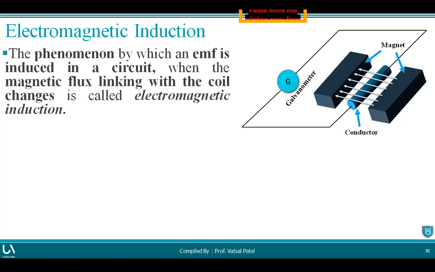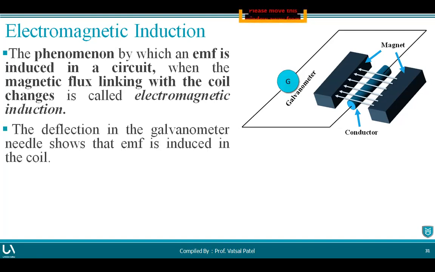It is the phenomenon by which EMF is induced in the circuit when the magnetic flux linking with the coil changes, that means when the conductor is in rotating motion, then you have the electromagnetic induction principle.